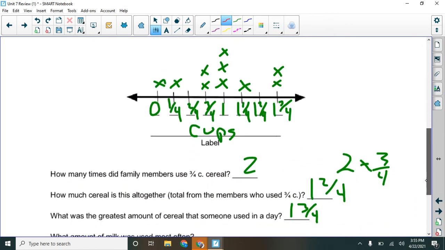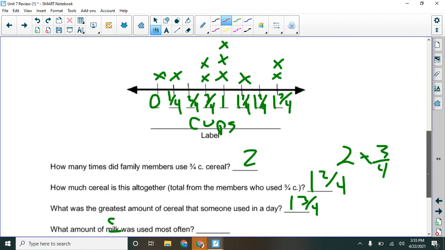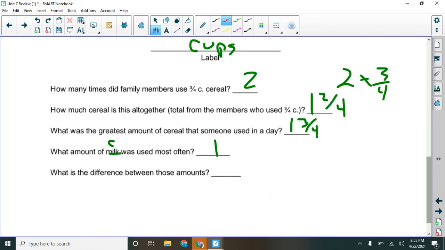Yeah. How about cereal? Cereal was used most often. Now it's the time for 1. This is the most often amount of cereal used. And what's the difference between those two amounts? 1 minus, how much would be left there? Just 3/4.